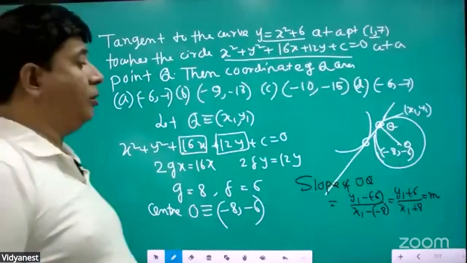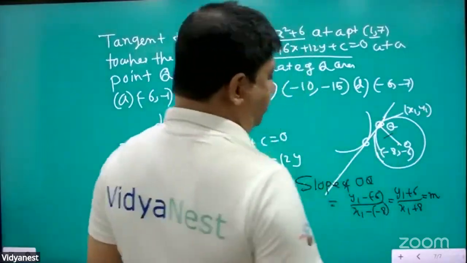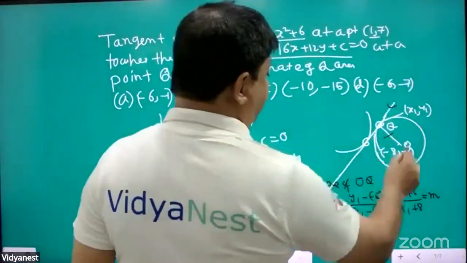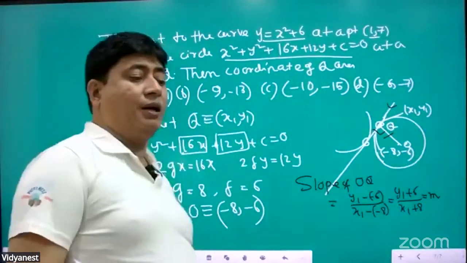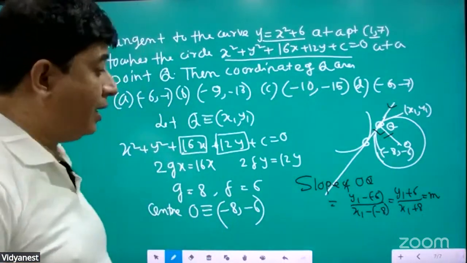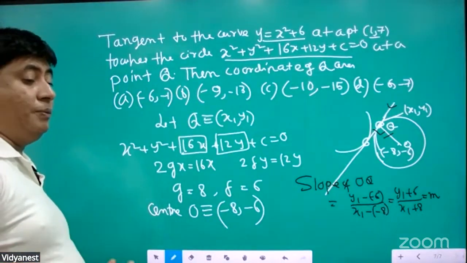That means we have got the slope of this radius. Now I will find the slope of this tangent. And we know at the point of contact, radius and tangent are perpendicular. That is a basic theorem we are taught in class 10, so that thing will be revisited.